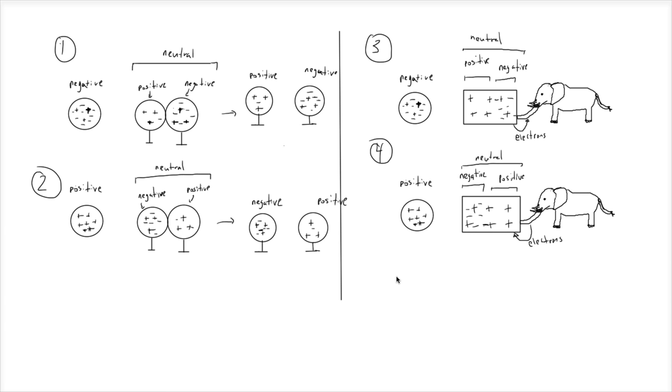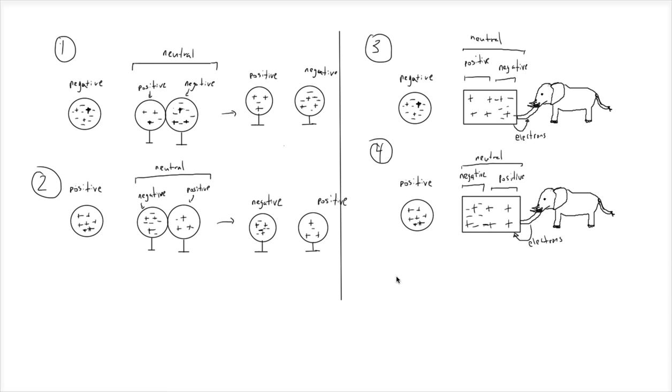Same thing is true if we do this in reverse, with a positive charge rather. If I bring a positively charged object near my two spheres, the electrons will be attracted, and they'll go predominantly to the left sphere. And then if I separate them, the left sphere will be the negative one, and the right one will be positive.